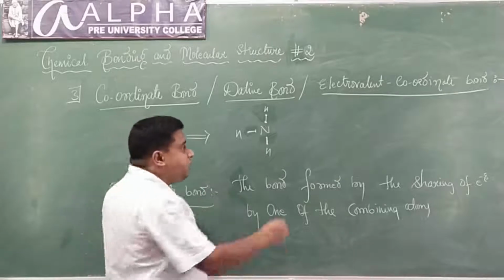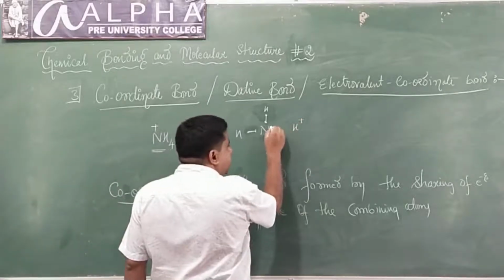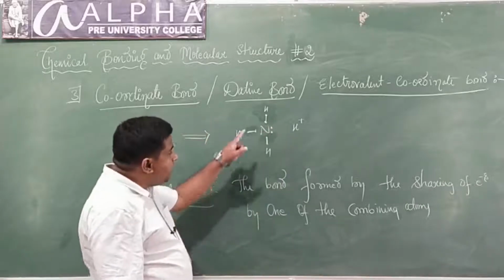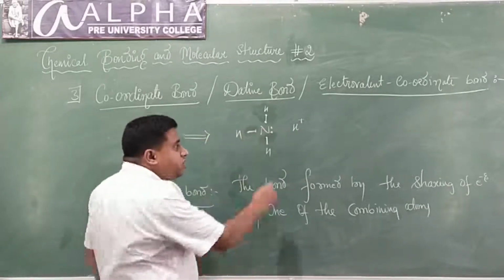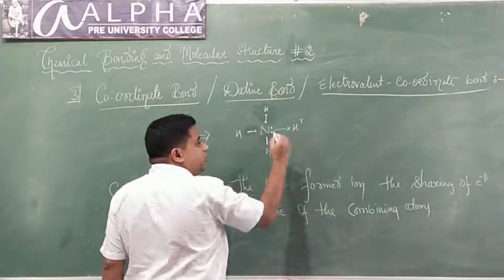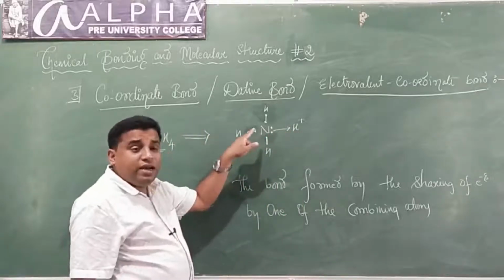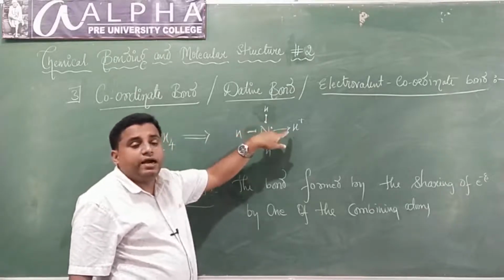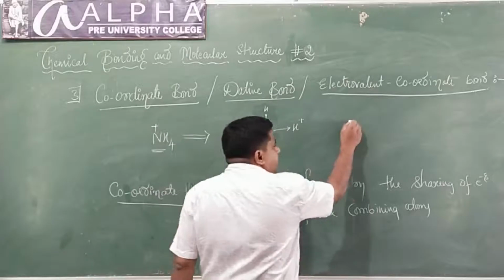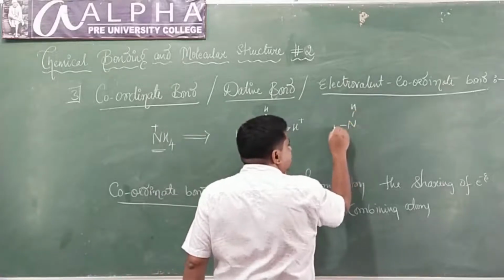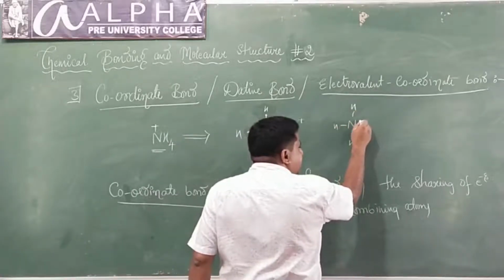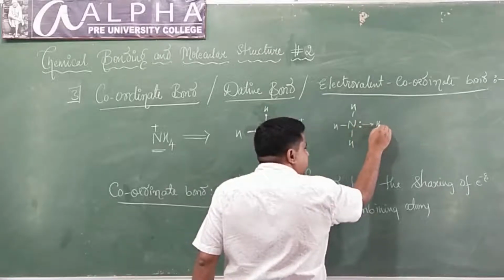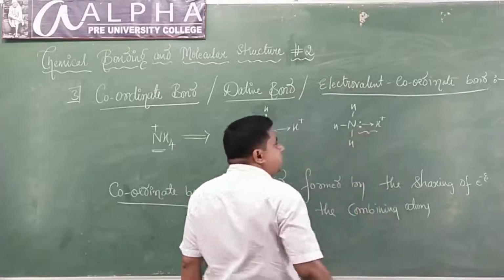But with the other hydrogen atom, the H plus ion, nitrogen has a lone pair of electrons. Only nitrogen will share both of the lone pair electrons with hydrogen, and it forms a bond. What is this bond called?